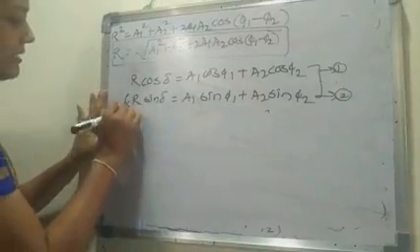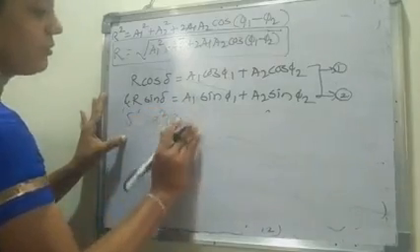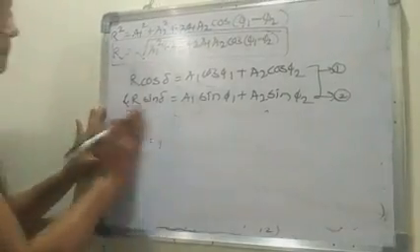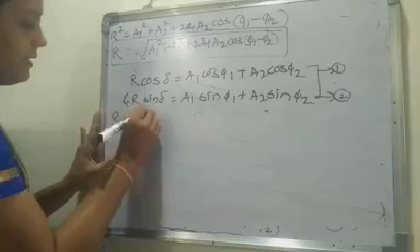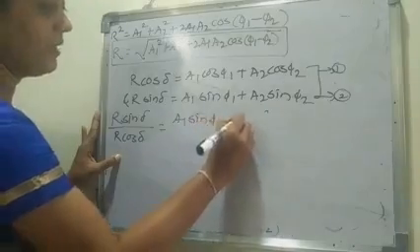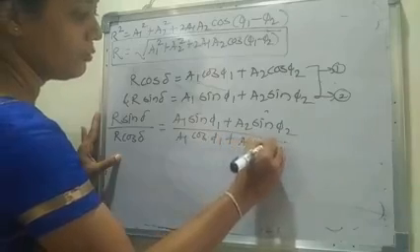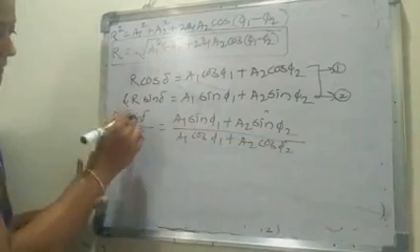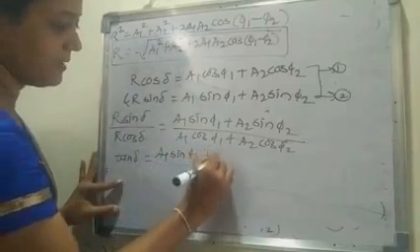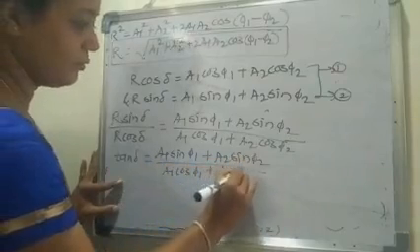To find delta, we have to divide equation 2 by equation 1, that is R sin delta upon R cos delta equals A1 sin phi 1 plus A2 sin phi 2 upon A1 cos phi 1 plus A2 cos phi 2. R will be cancelled. Sin upon cos is tan delta, which equals A1 sin phi 1 plus A2 sin phi 2 upon A1 cos phi 1 plus A2 cos phi 2.